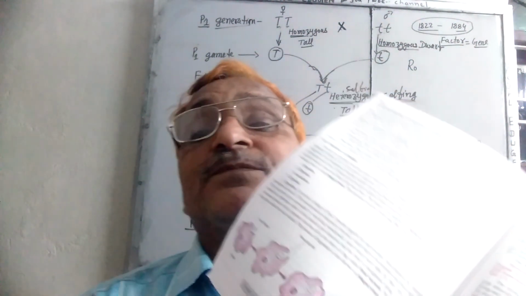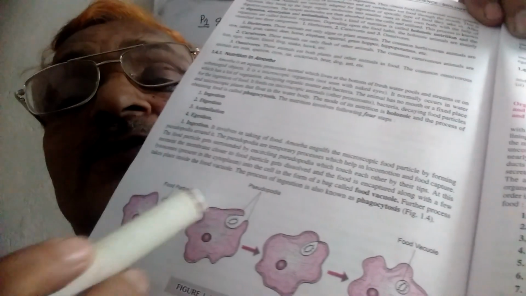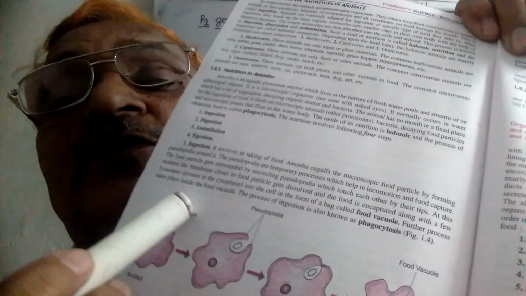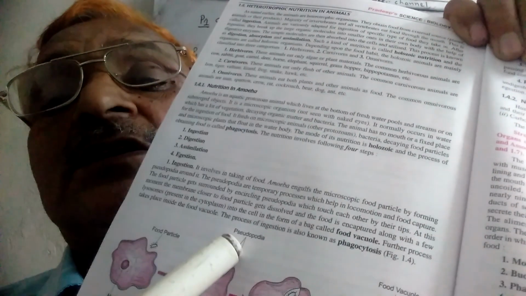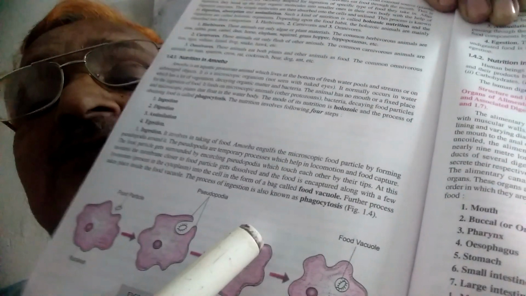Nutrition in amoeba. In the fourth step you can describe the nutrition in amoeba. When amoeba senses that there is food, it starts developing pseudopodia, which are a locomotory organ as well as the food capturing organ. Now the food is nearly captured by the pseudopodia and the food cup is produced. When lysosome encounters the food cup, it forms a food vacuole.